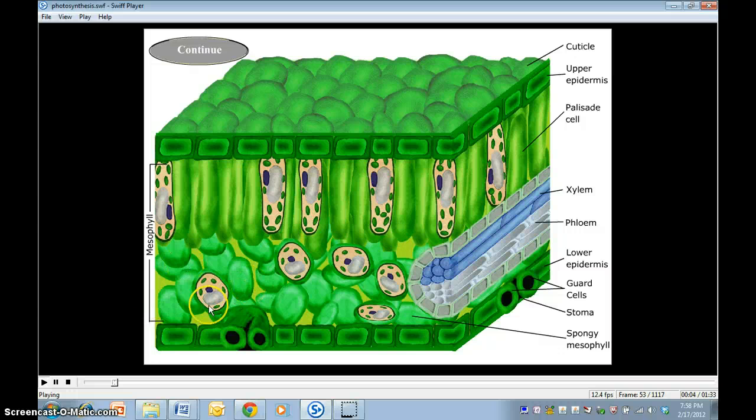There's a spongy layer, which isn't as packed because this is where the air is going to come in and out, through a hole called the stomata. And over here we call this the vein, sometimes the vascular bundle. The xylem is where the water comes in and out, and the phloem is what carries the sugar.